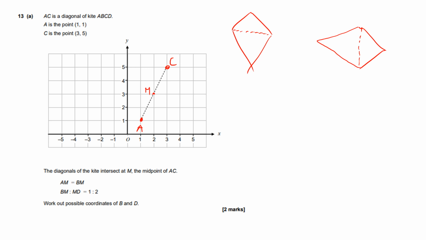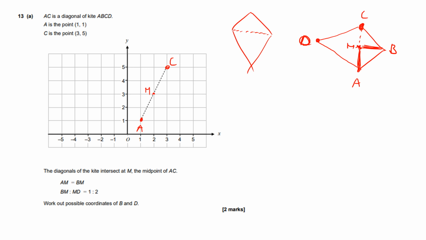So if I just show it to you here, this is A, this is C, and the shape is A, B, C, D. Now, if A to M is equal to M to B, this is M. Can you see these two perpendicular lines?